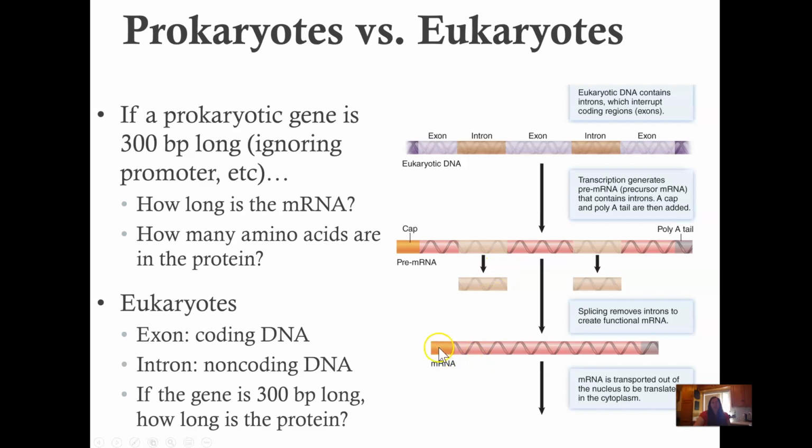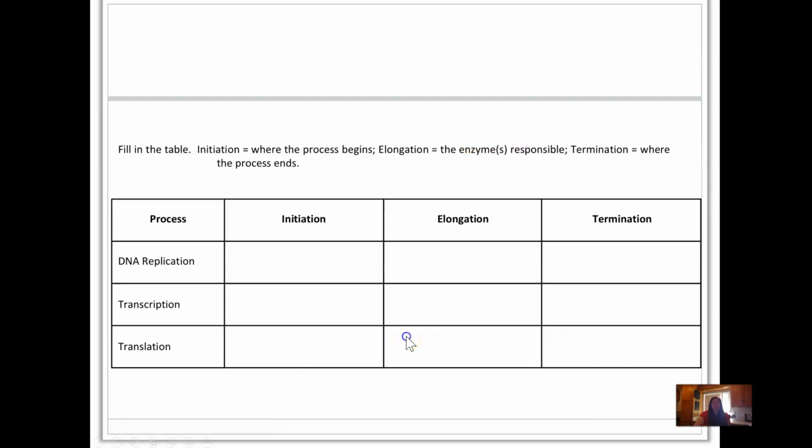Now when this messenger RNA gets exported into the cytoplasm for protein translation, we have no idea how long this transcript is. But we do know that if the gene is 300 base pairs long, the protein would be roughly 100 amino acids long, because we know that this codes for one protein. So those are some important differences between prokaryotes and eukaryotes.